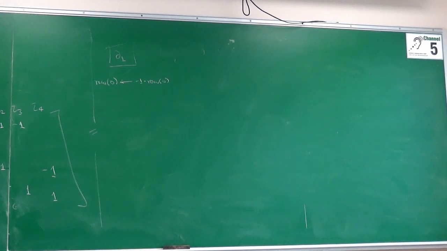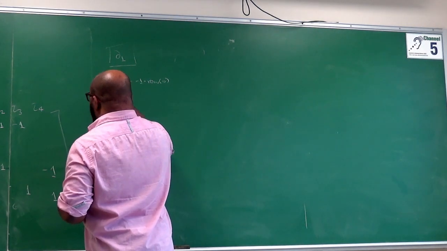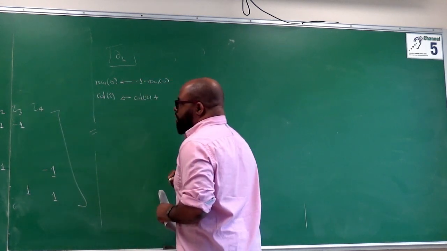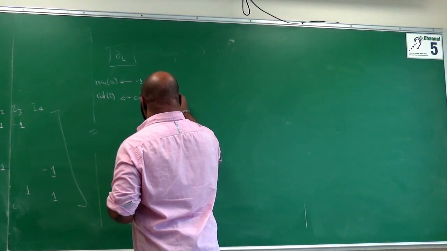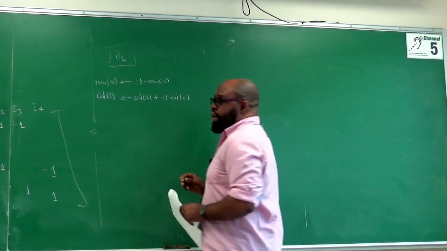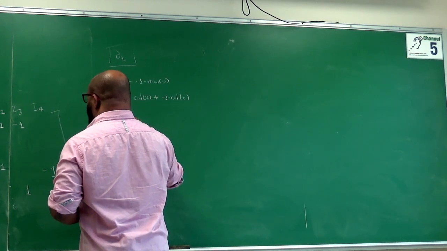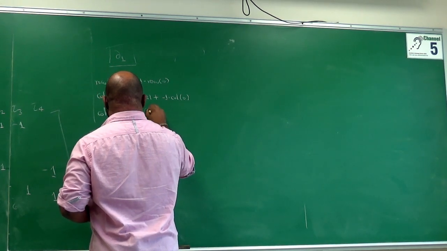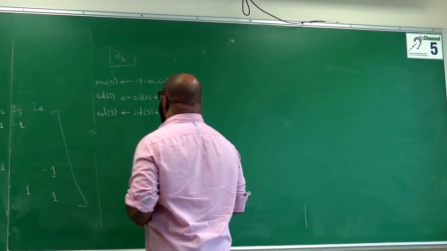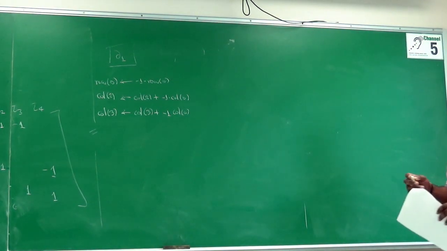So I'm going to change column 2 to column 2 plus -1 times column 0. And then column 3: I'm going to replace it by column 3 plus -1 times column 0. Okay. And let's see what happens when I do that.